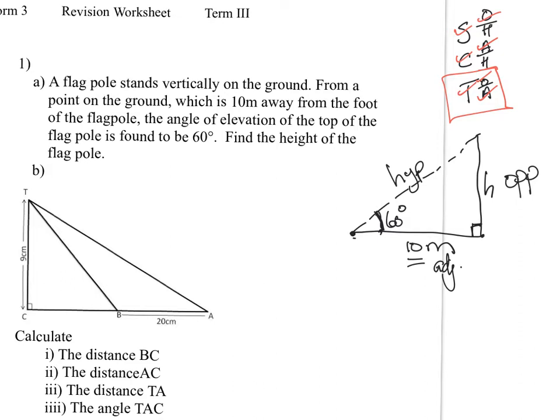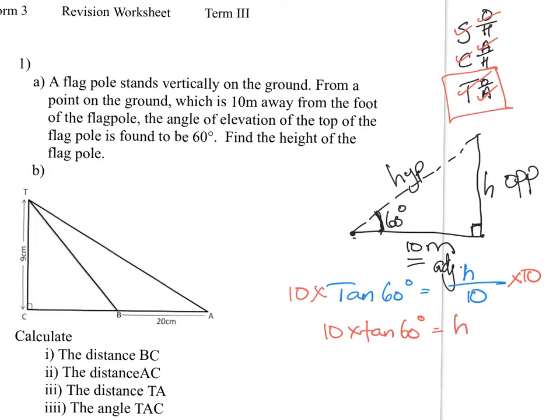So tan 60 degrees is equal to opposite, which is h, over adjacent, which is 10. This becomes simple algebra now. We multiply both sides by 10, so we get 10 multiplied by tan 60 degrees is equal to h.